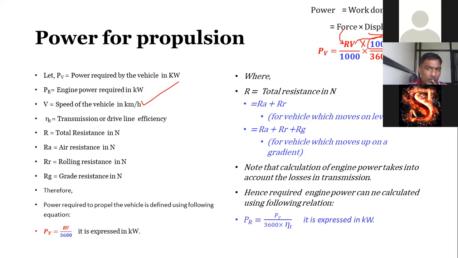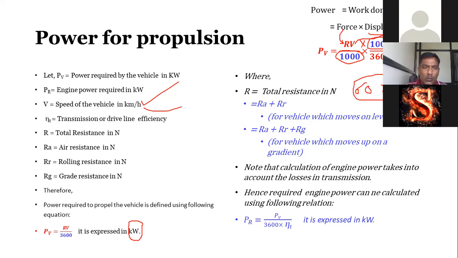Then, this hour, so we need to write here 60 into 60. This is for this. Now we need to get the value in kilowatt, therefore divided by 1000.